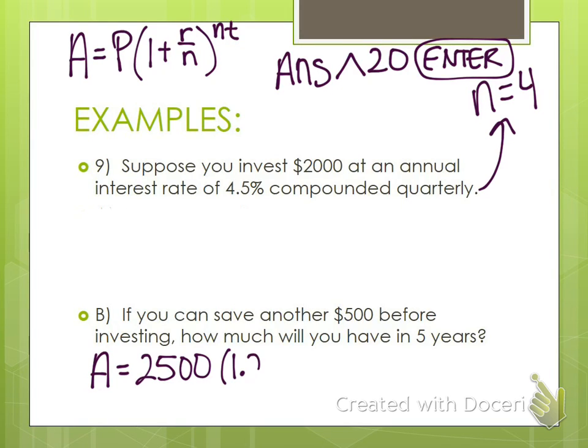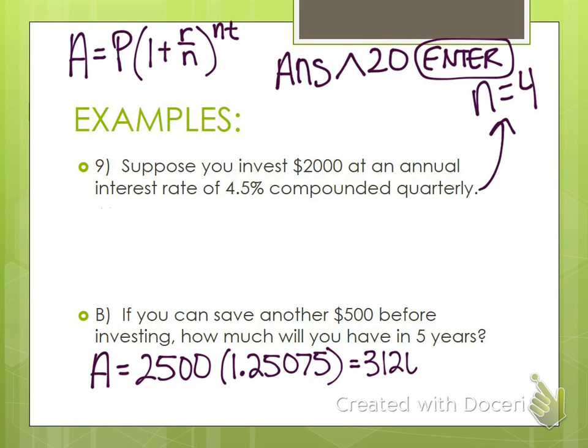So what was that decimal? 1.25075. Nothing else changed but our P. So all of that we took to calculate the 1.25075 stayed the same. So now when we multiply that by the 2,500, what does our final amount become?